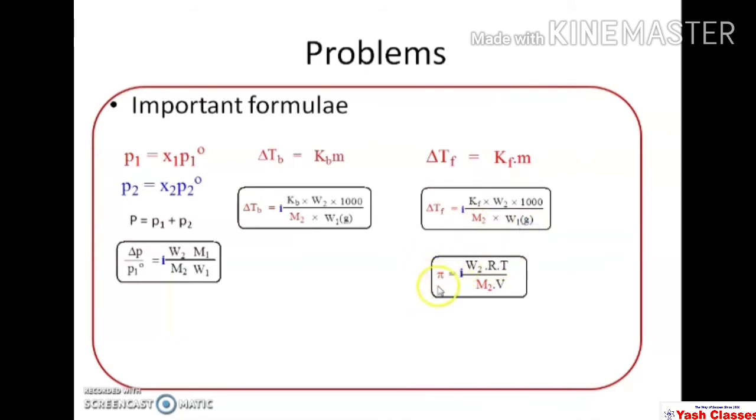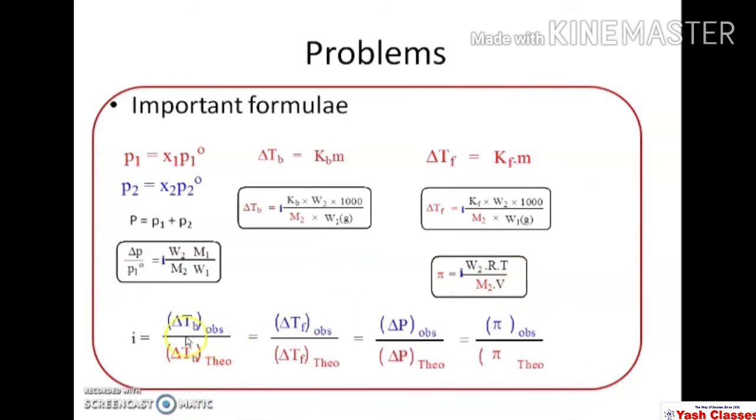Osmotic pressure is equal to van't Hoff factor i into W2 RT upon M2 V, and this is the relation for van't Hoff factor i. It is the ratio of observed colligative property upon theoretical colligative property. This we already discussed in the last lecture.